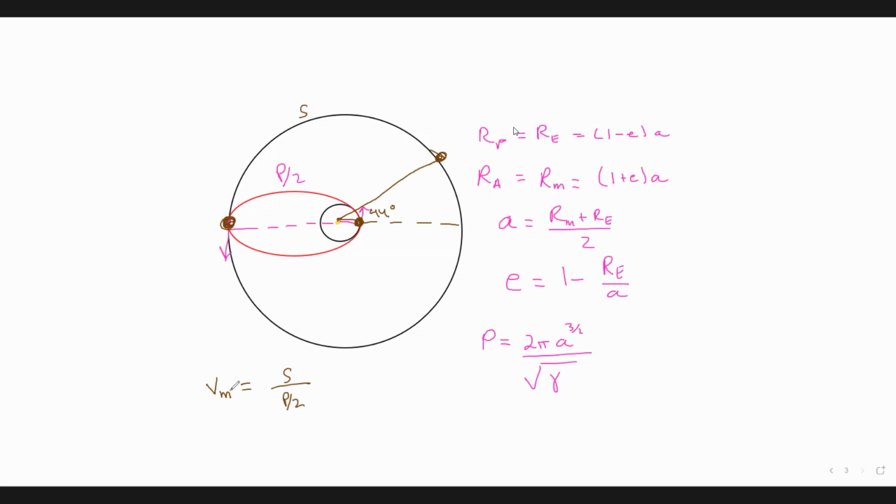So now I know, since I know the velocity of Mars in the orbit, and I know this time from this, I know what this S is. So this S is a certain percentage of the orbital circumference, and I can figure out what that angle is right there, knowing this distance. And I think that's it.